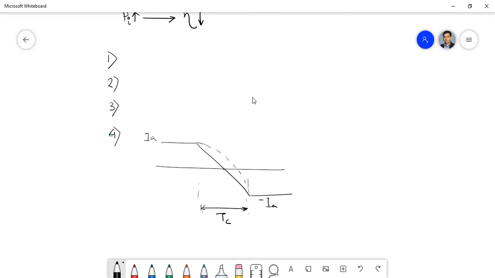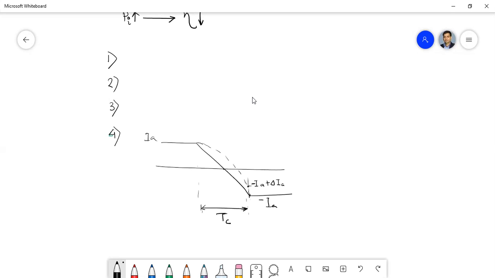Now, suppose under this process, when the commutation time is over, the current is still not minus IA, it is still some value, some positive value, delta IA.